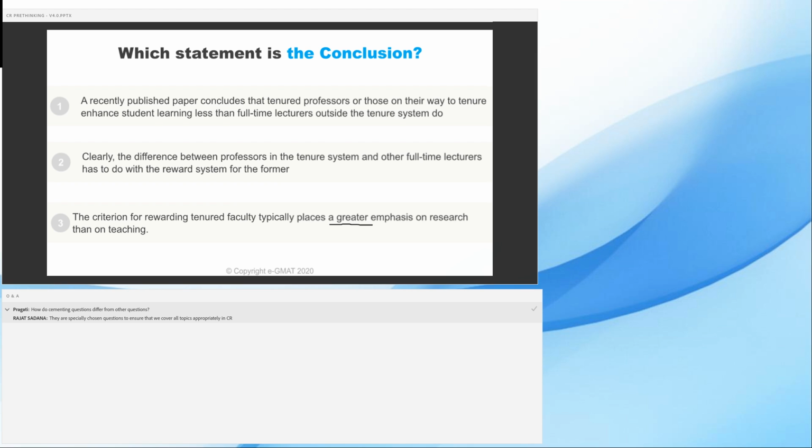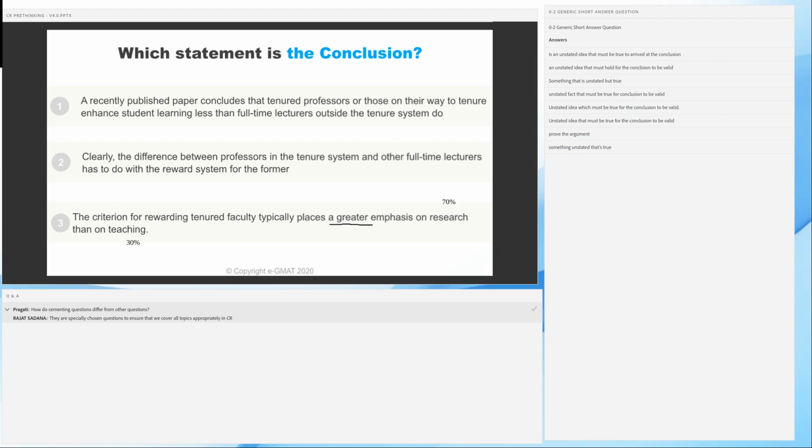What it means is, for tenured faculty, maybe there's a 70% emphasis on research, and maybe there's a 30% emphasis on teaching. Always translate comparatives into numbers so that you can visualize it. We don't know anything about the reward criteria for lecturers. Is that clear?